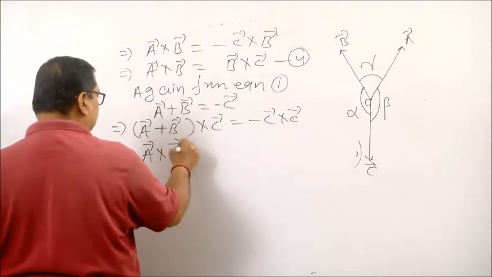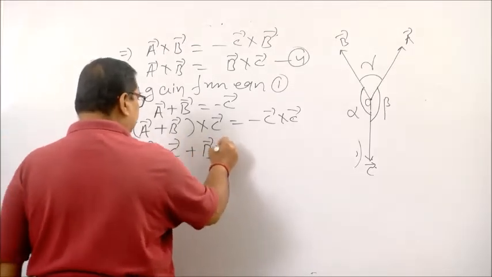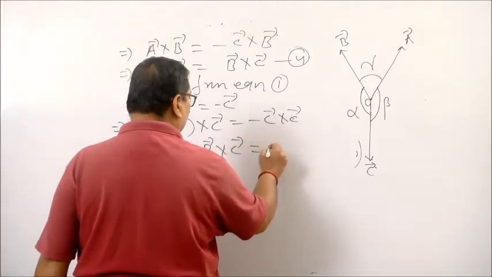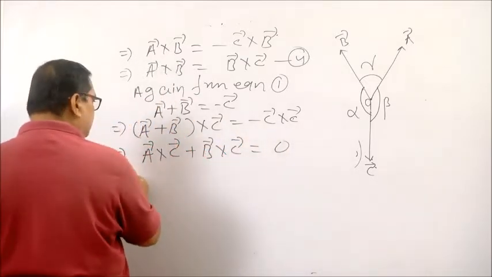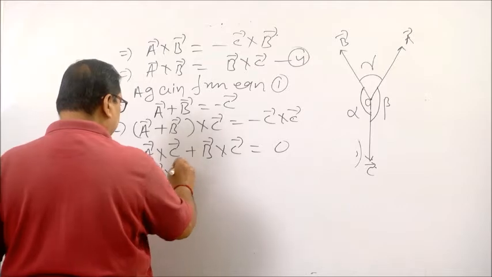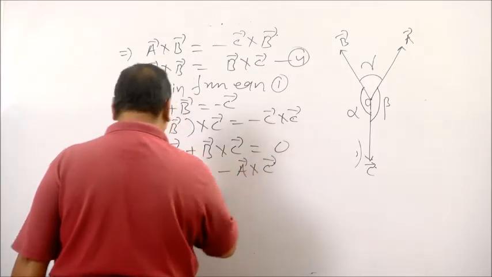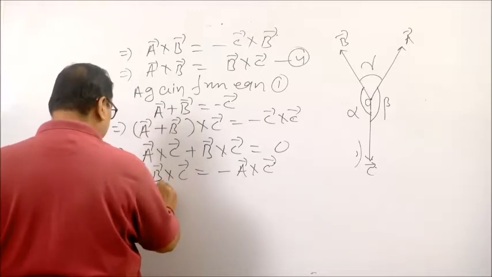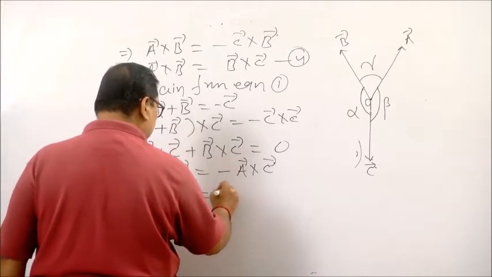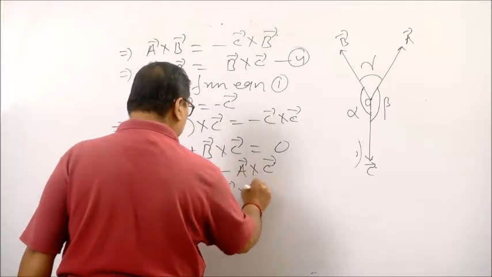Therefore, A cross C plus B cross C equals 0. Implied, B cross C equals minus of A cross C. Implied, B cross C equals C cross A.